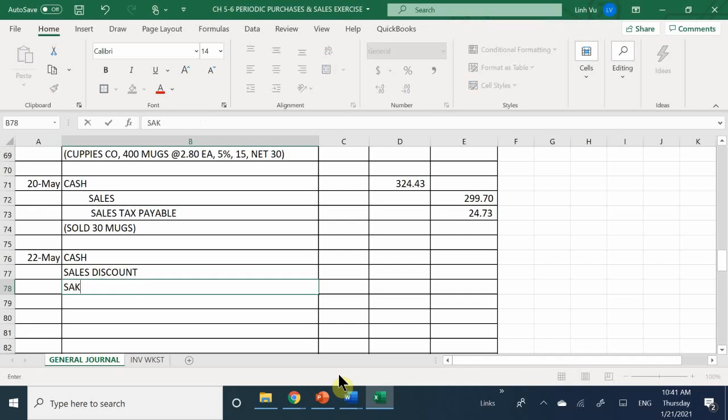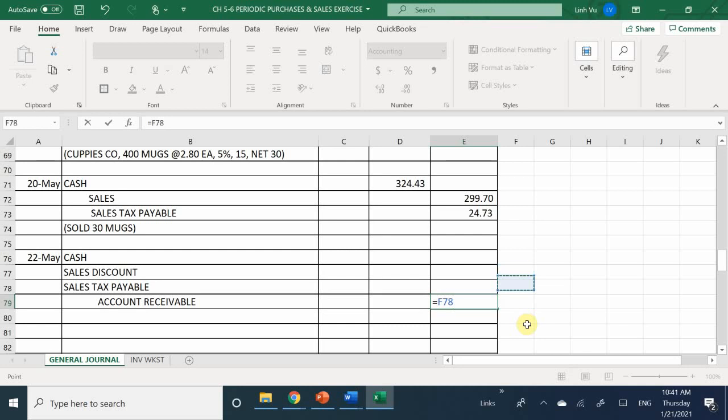Yes, we have to give back the sales tax. Lastly, he's going to pay us what he owes. So accounts receivable, we've already calculated it to be 324.43. That's our ending goal right there.